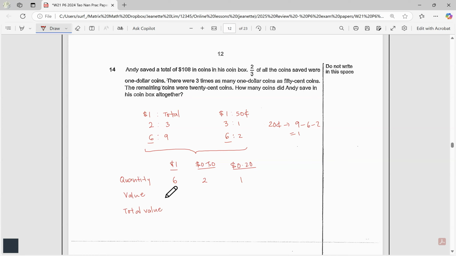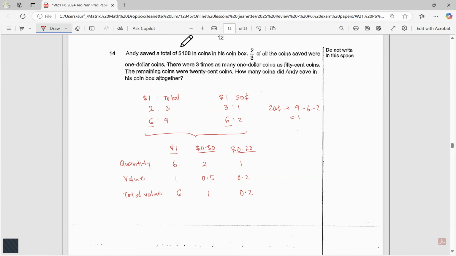Value means the value of each coin. So for $1 will be 1. For 50 cents will be 0.5. For 20 cents is 0.2. So if I have 6 $1 coins, then my total value will be 6 times 1, 2 times 0.5, and 1 times 0.2. This whole thing is my one group.